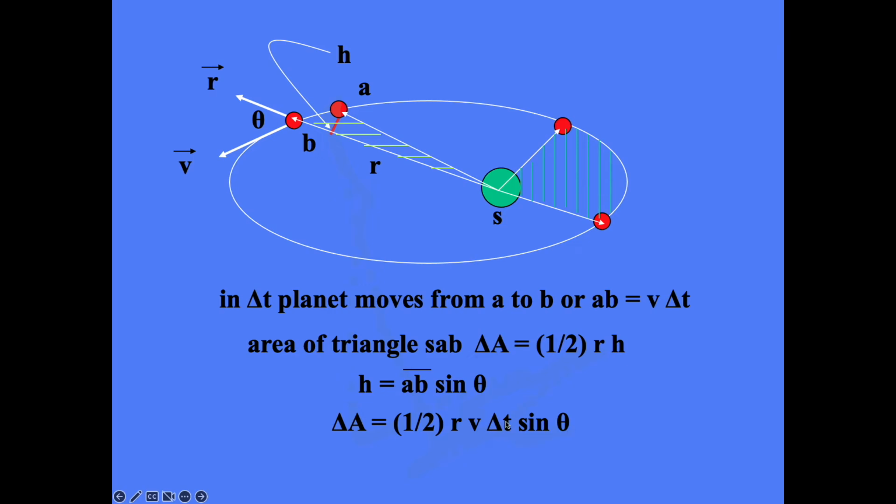Now, think about what that product of r times V represents. The next step is to divide both sides by delta t. Really what I'm looking at is the rate at which the area is swept out, which is equal to 1/2 times r times V times the sine of theta.